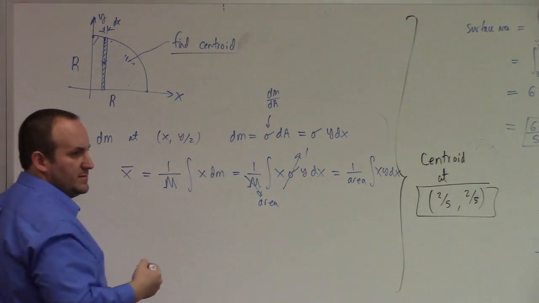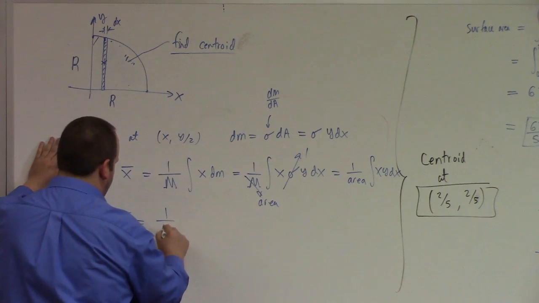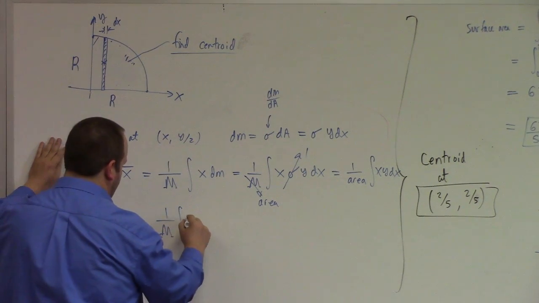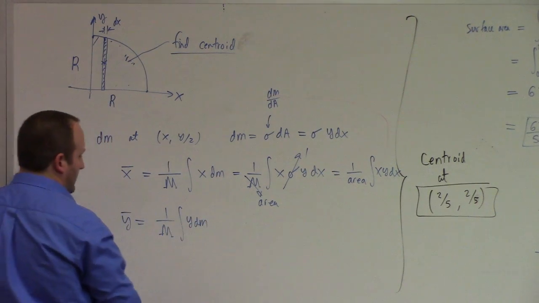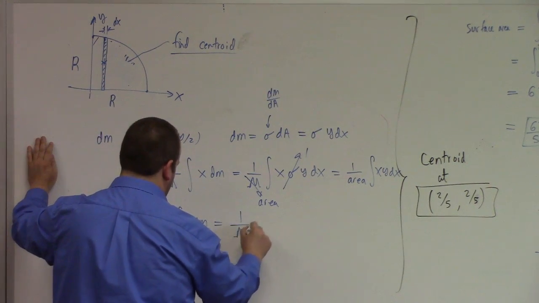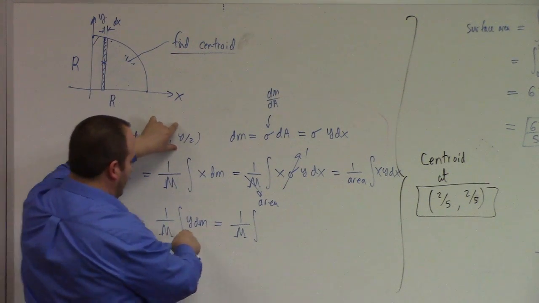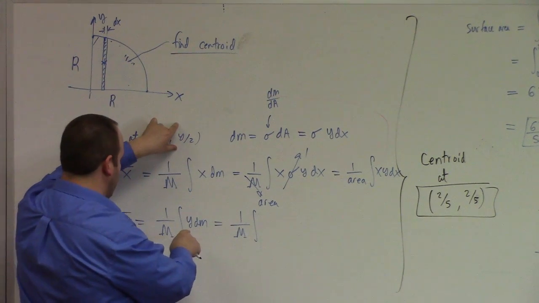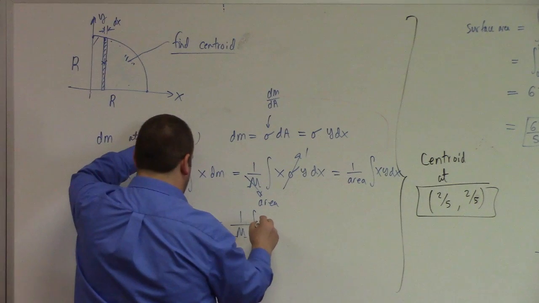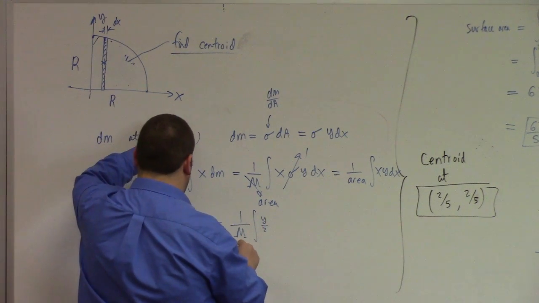For x bar. And then the y bar is 1 over m, the integral of y dm. And that is 1 over m. The y is at y over 2. It's actually not y, I had to put y over 2 here because that's where the little bar is at, I should say.